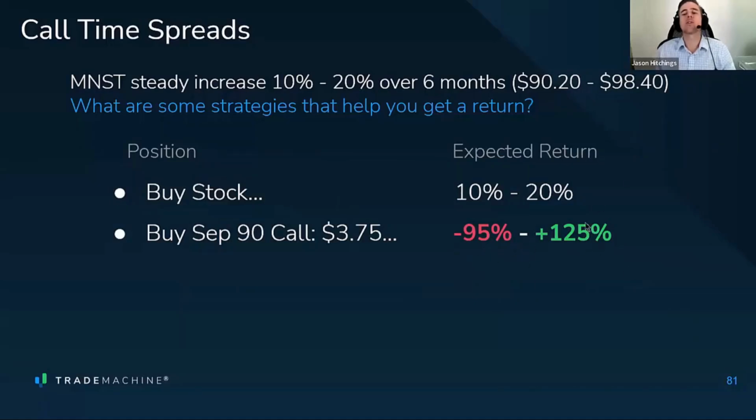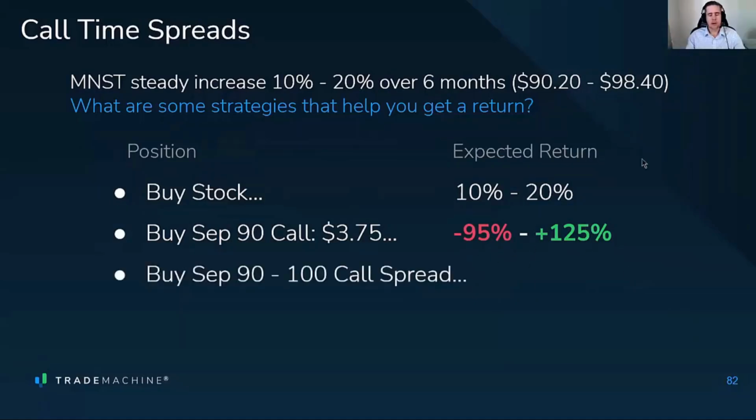So our range in this scenario of this particular call is basically losing it all to being up 125%. We could also do a call spread. We're expecting the stock to be in a range of $90.20 to $98.40, in which case this 100 call would have no intrinsic value at expiration. If it has no intrinsic value at expiration, then we've sold something that became worthless.